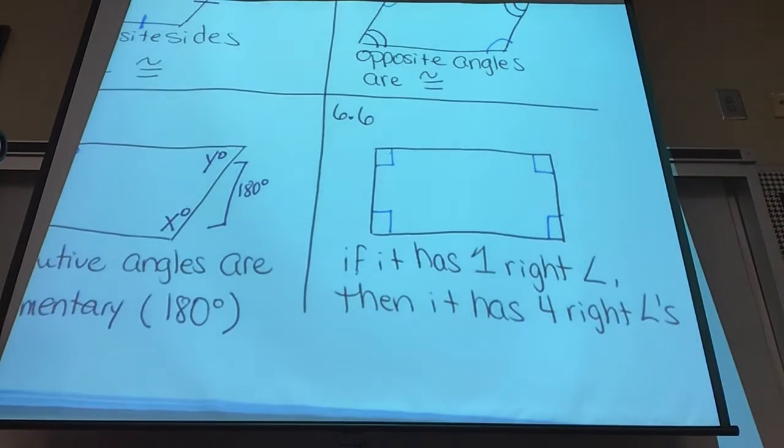If it has one right angle, then it has 4 right angles. So if you know that your shape has 1, then you know that it should automatically have 4.